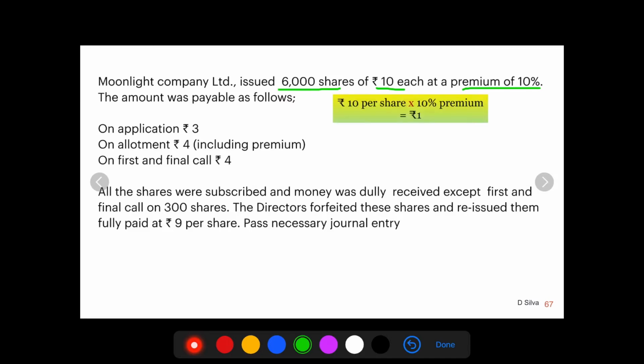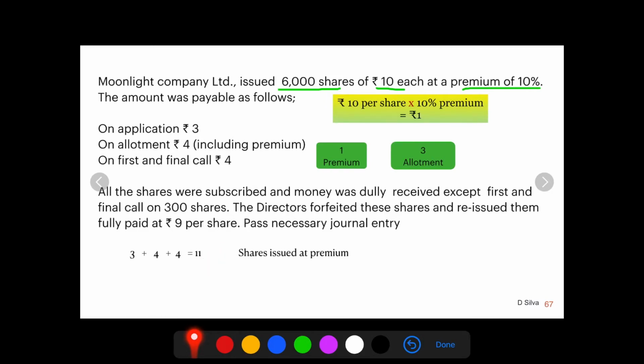So on 10 rupees, if you charge 10% premium, the 10% will be rupee 1 on every share. On application rupees 3, on allotment 4, on first and final call 4. So if we add 3 plus 4 plus 4, it will be equal to 11. That means the share is being issued at a premium, that is more than its face value.